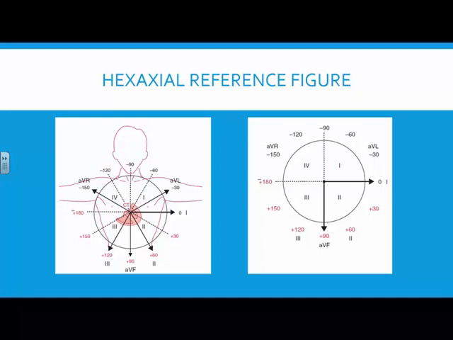So aVR is taking a picture from the top, whereas lead 2 is taking a picture from the bottom? Yep. Lead 2 is taking a picture of the current going this way. aVR is taking a picture going this way. So that's where you get the positive and the negative. Now it makes sense. I was waiting on us to put some more electrodes on something. Nope, we're not going to put those other leads on for a few weeks.